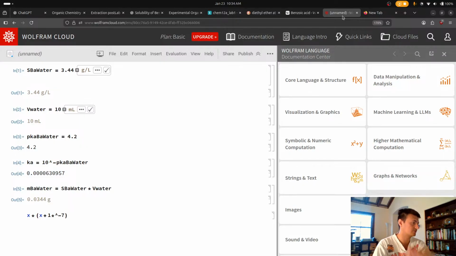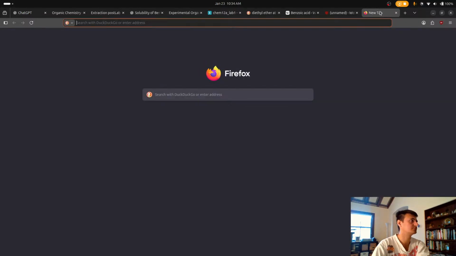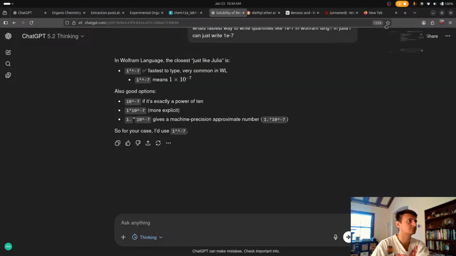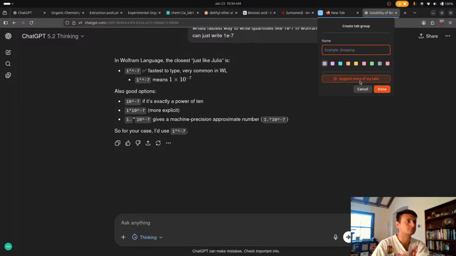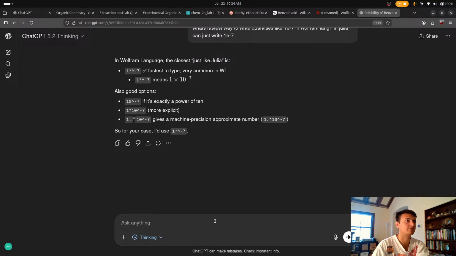I know I can just write 10 to the minus 7, but E was faster in Julia. Anyways, so now we're going to get... what if I do N of... Does this strip the units? Bro, how do I disable that? I hate that so much.